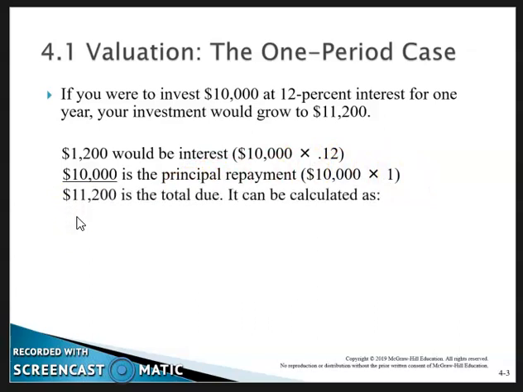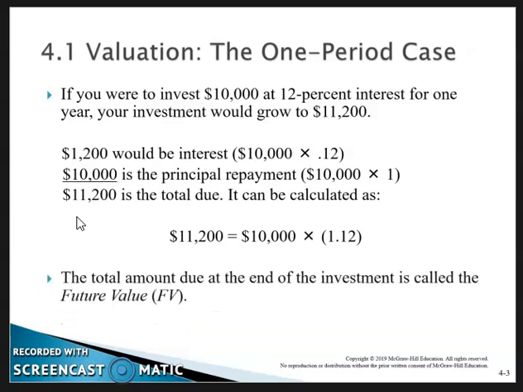So total 10,000 plus the 1,200, 11,200. So calculated as 10,000 times 1.12 is equal to 11,200.